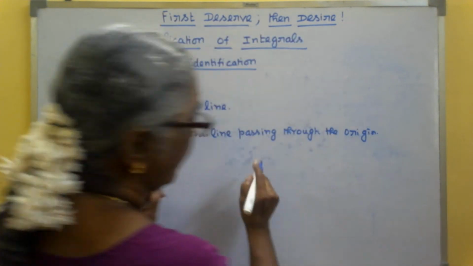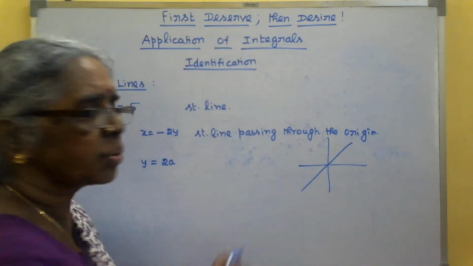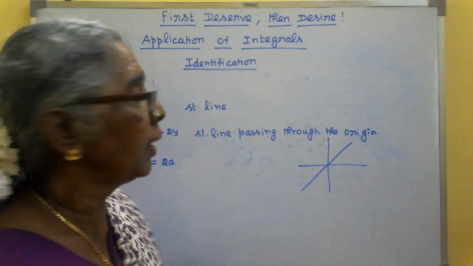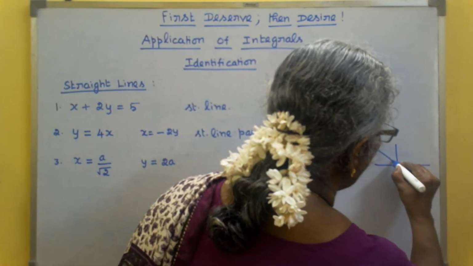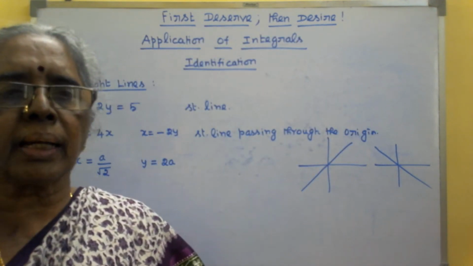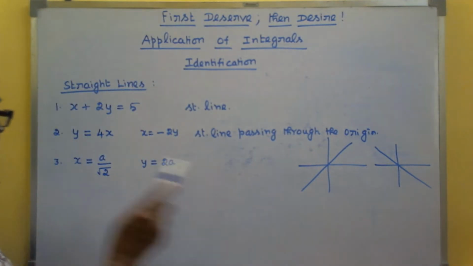If you have both x and y as positive, that line will pass through the first quadrant and third quadrant. If you have a negation on one side, that will represent straight lines passing through the second quadrant and fourth quadrant.